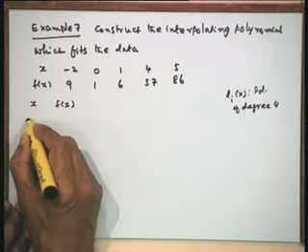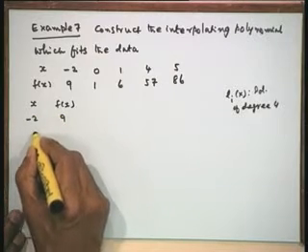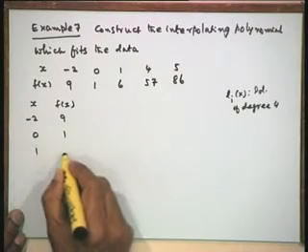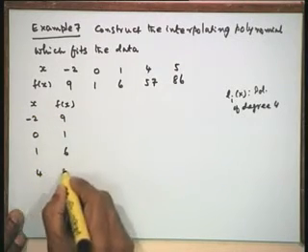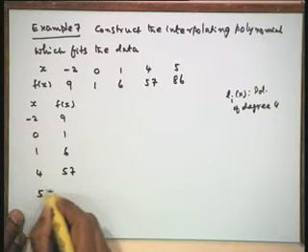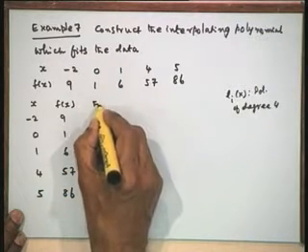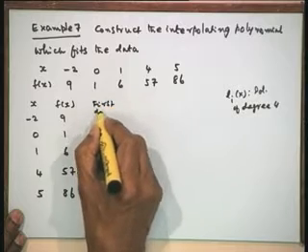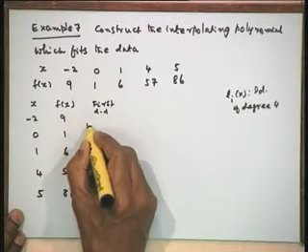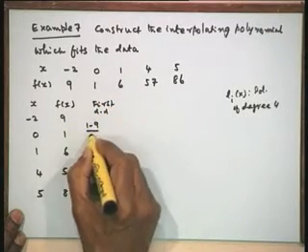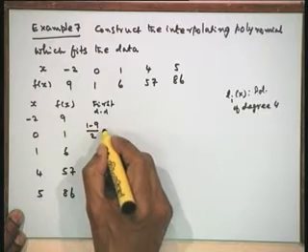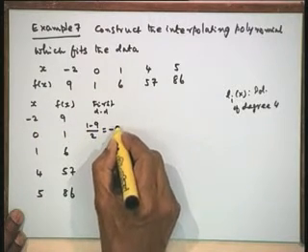x, f x: minus 2, 9; 0, 1; 1, 6; 4, 57; 5, 86. So, we will have this as first divided difference, that is 1 minus 9 divided by 0 minus 2, that is minus 8 by minus 2, that is equal to minus 4.